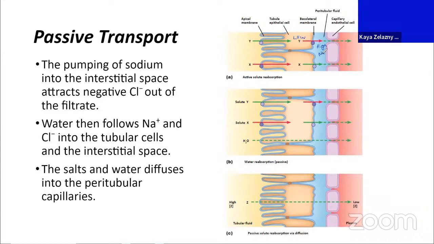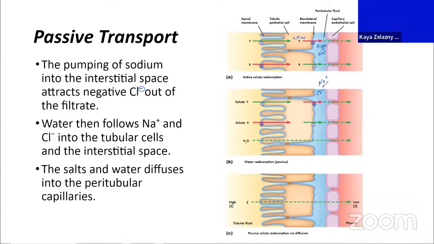We're also going to end up drawing negative ions towards that high sodium. So particularly chloride ions with their negative charge, these anions are going to be attracted towards those sodium ions. So now we're ending up with a collection of sodium ions and chloride ions in this space.